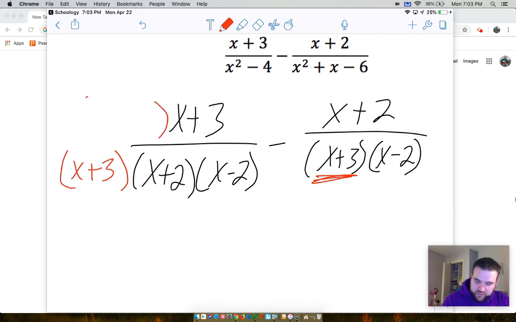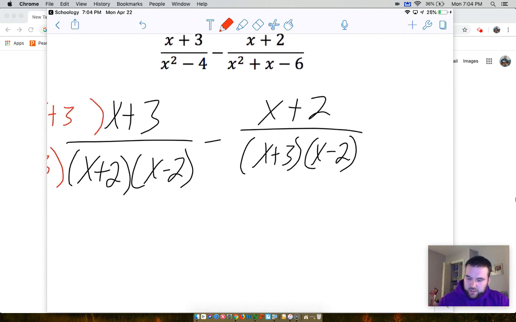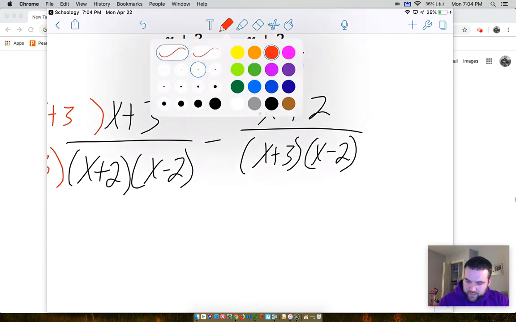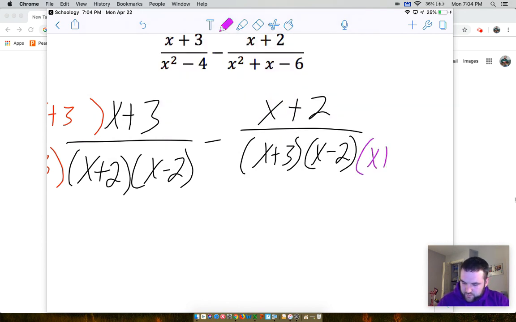So I'm going to do that to both sides. And then over here now, the left-hand fraction has 3 factors, where the right-hand fraction only has 2, so something's missing. And over here, I'm going to multiply by x plus 2 on top and bottom. Oh, look at that. That's nice.